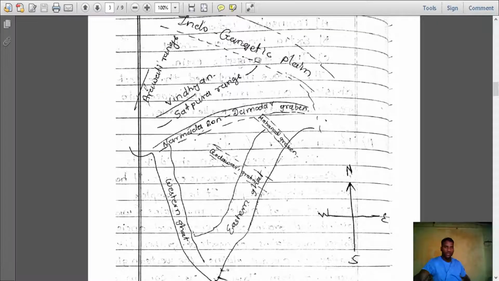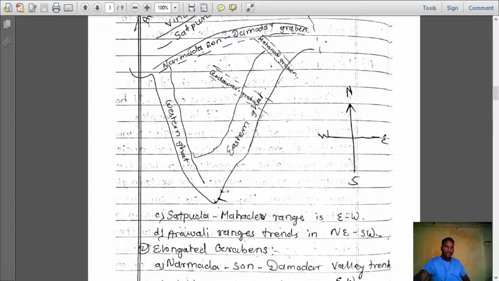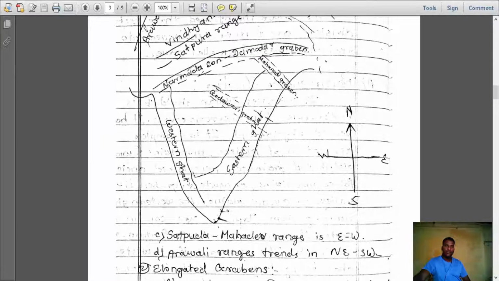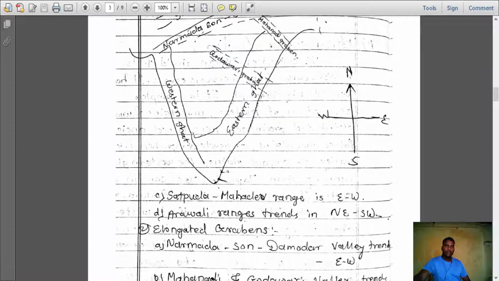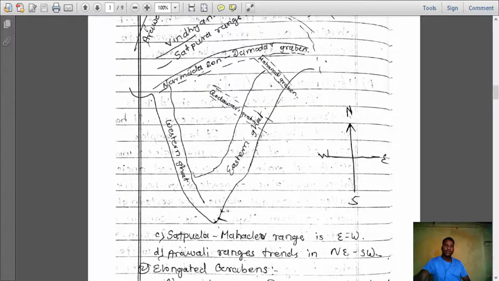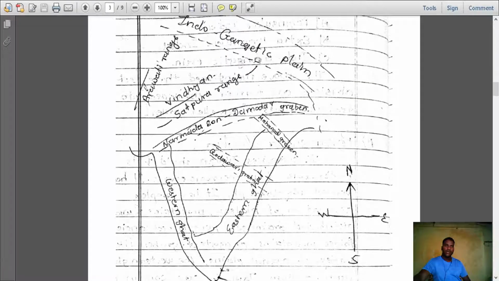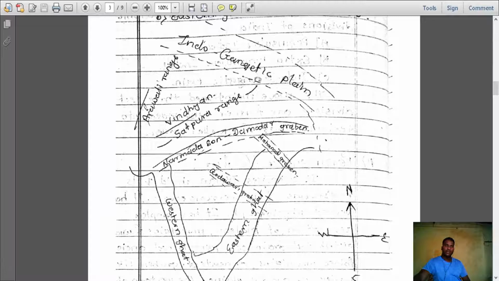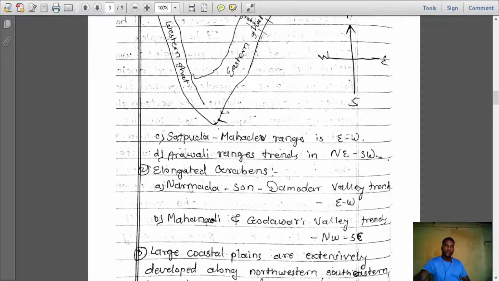The Satpura Mahadev ranges run east to west. Then the Aravalli ranges trend northeast to southwest.